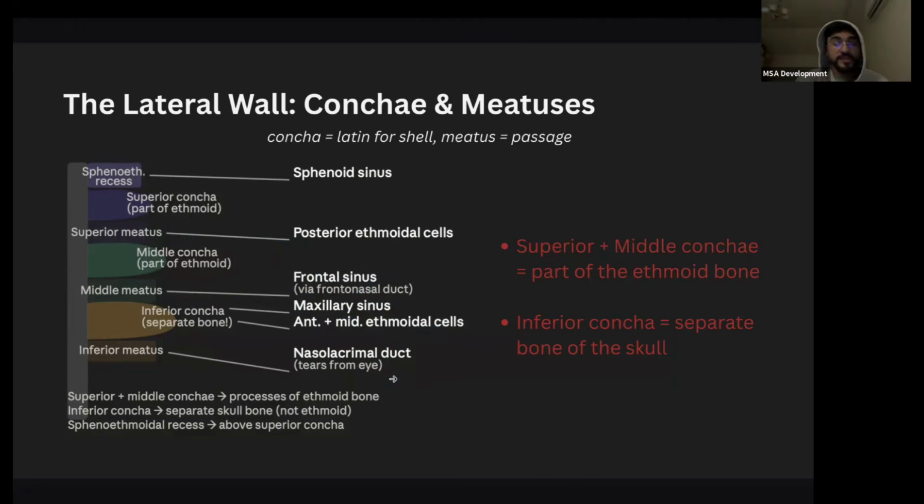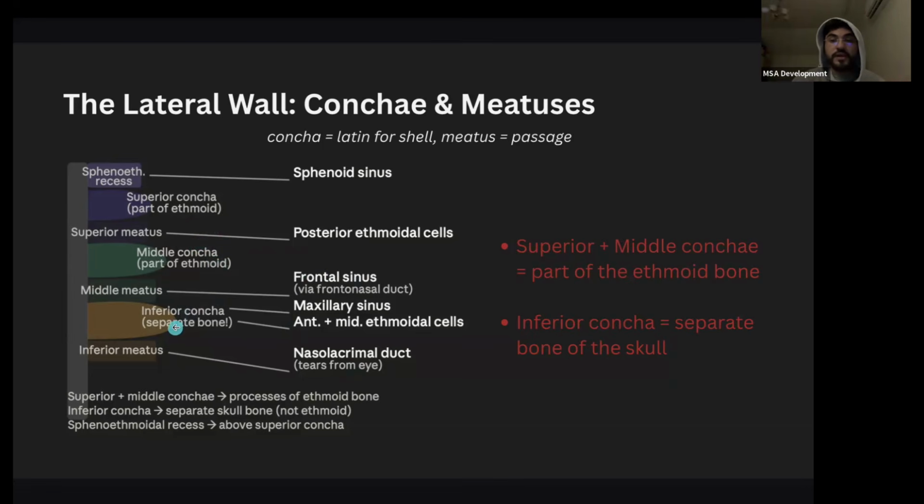It's very important that you know this because you could get asked in your SAQs, in your OSPE, and even in radiology questions and SAQs.